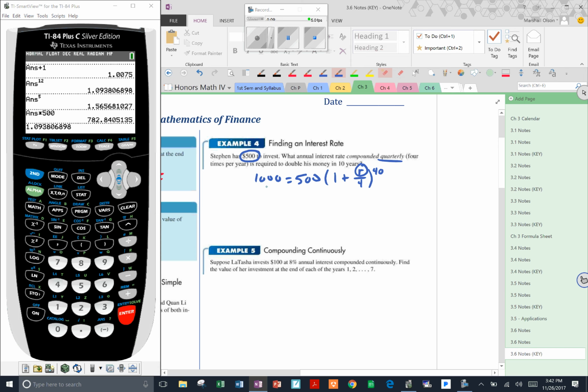We would divide by 500 first, take the 40th root, or take both sides to the 1/40th, so 2 to the 1/40th, to get rid of that power of 40 right there. That would equal 1 plus r over 4, and then we would subtract 1 and multiply by 4 to get our final answer there. But no logarithms needed because our variable is not in the exponent.